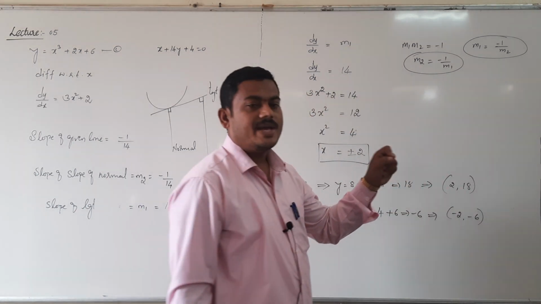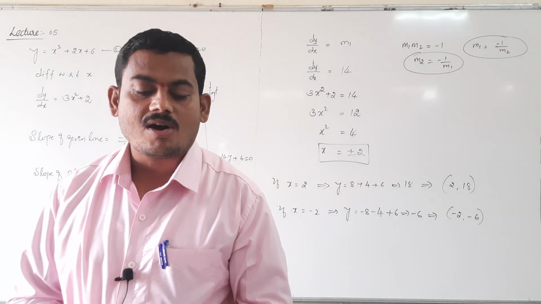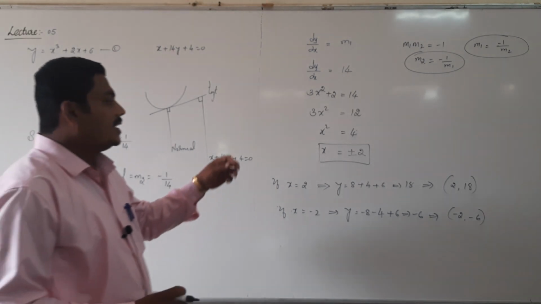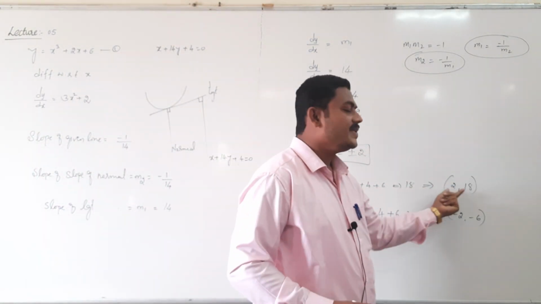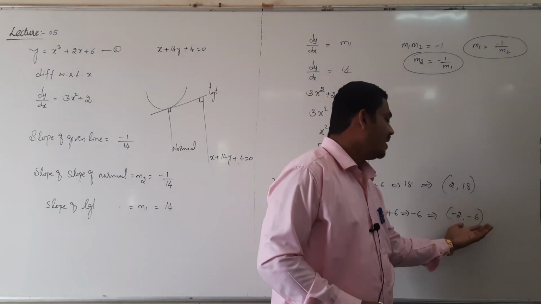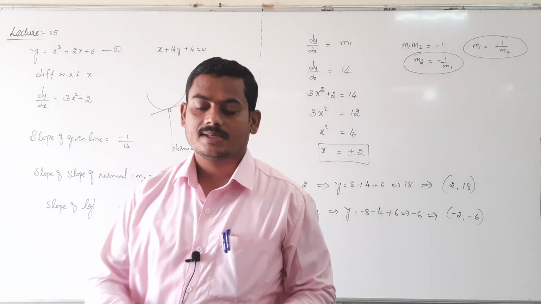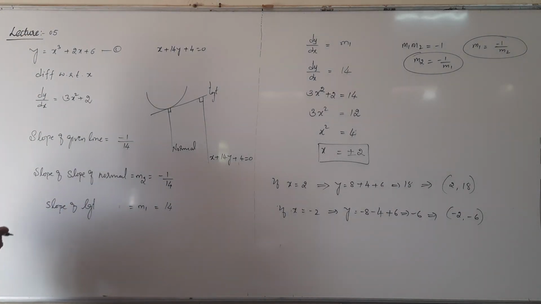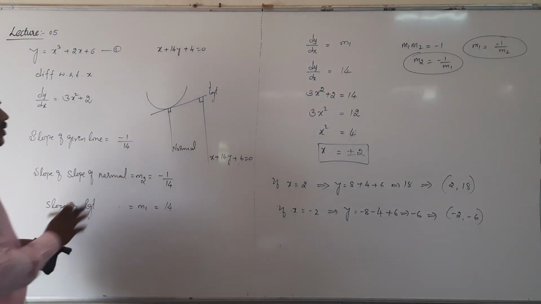Now we have to write the equation of the normals. We have two normal lines in this case. 2 points means two normal lines are possible. At this point one normal line, at this point another normal line. Now write their equations. Already we have the m2 value. In both the cases m2 is the same only.